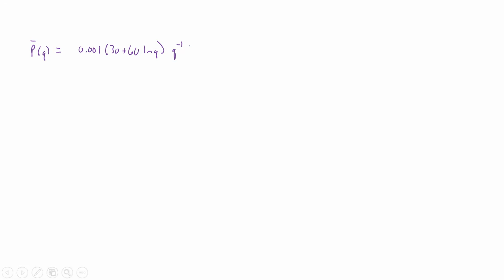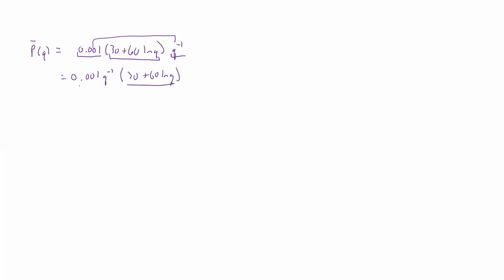Okay. So what should we do for our values? We can have two things, this product and this. We didn't write it down how we should have done it. It should have been 0.001 Q to the negative 1 times 30 plus 60 ln of Q.